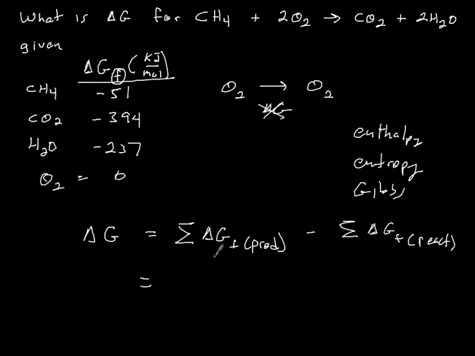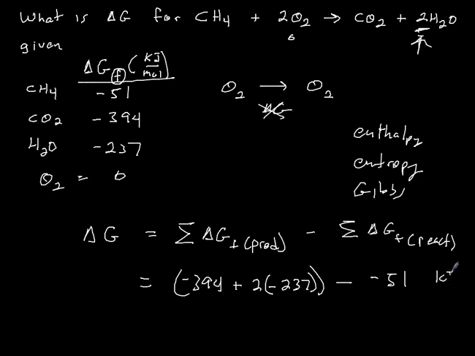So just plugging in, we're going to have CO2, so that's going to be negative 394 plus, now we do have two waters, so we're going to do the water times 2, so 2 times negative 237, and then we're going to subtract the reactants, where oxygen is 0, so we're going to ignore that, and methane is negative 51, all of these being kilojoules per mole.